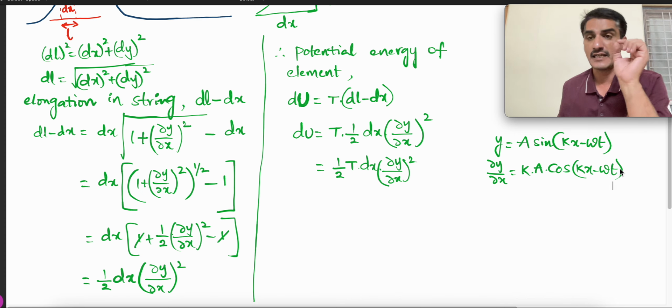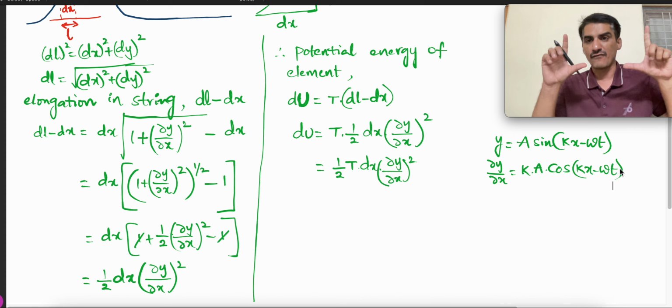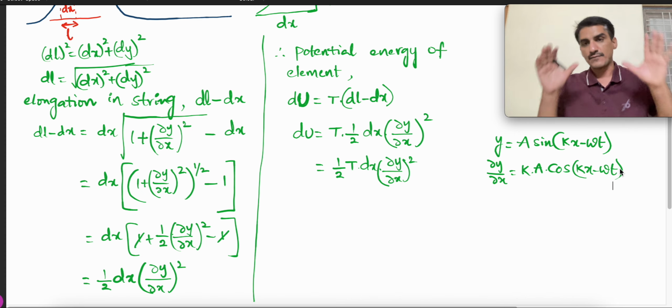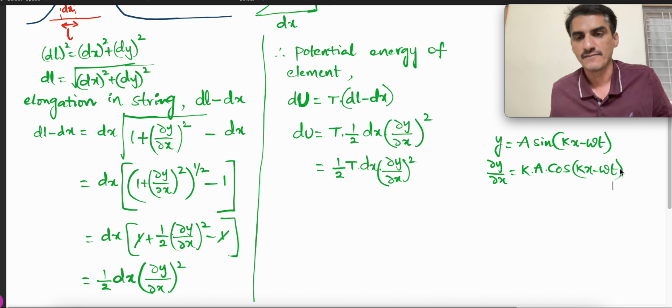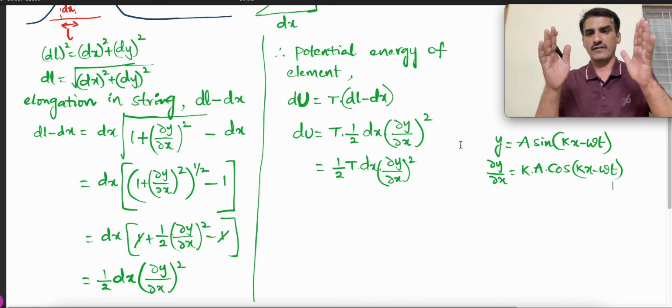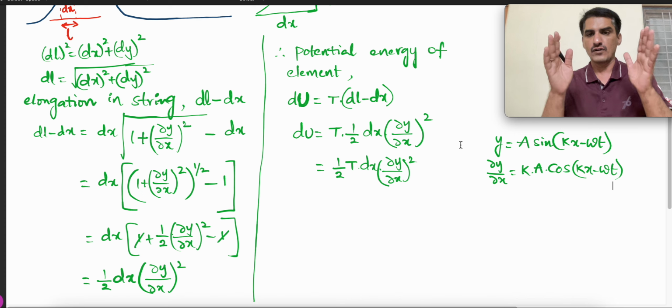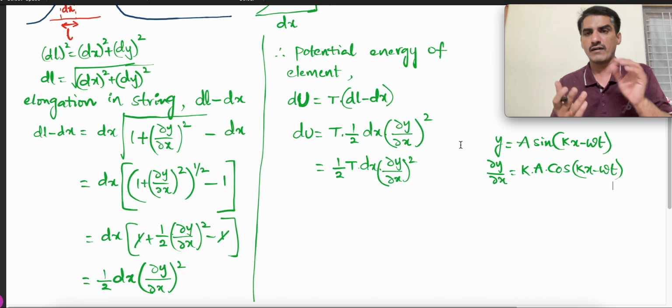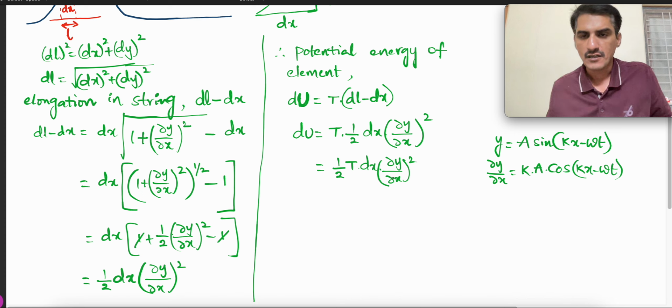Like taking a photograph and observing that entire wave pattern. So at a particular time, if we are observing, then t remains constant. At that time, if you want to differentiate the total y function, we are going to get dou y by dou x, partial differentiation. So dou y by dou x is equal to ka into cos(kx minus omega t).